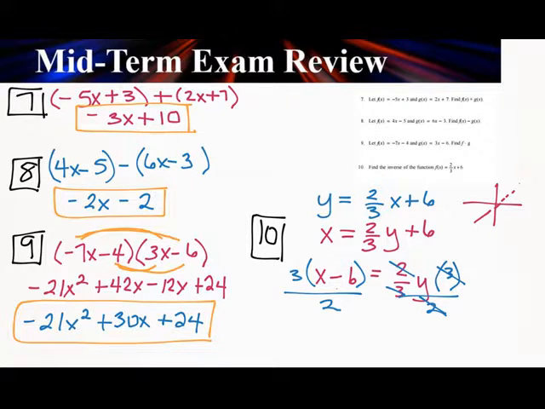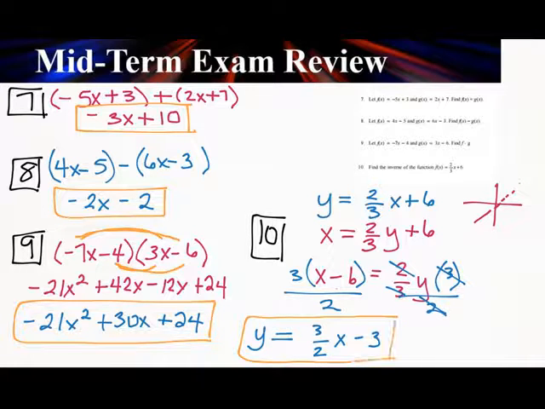I know that most people say multiply by 3/2. I just like to separate it for you so that you can see each piece. Okay? Now I'm going to simplify to make this look in the proper format. So y equals 3/2 x, and -6 divided by 2 is going to be -3. So the inverse of this equation is y equals 3/2 x minus 3.